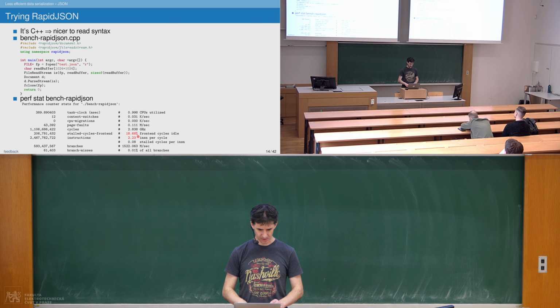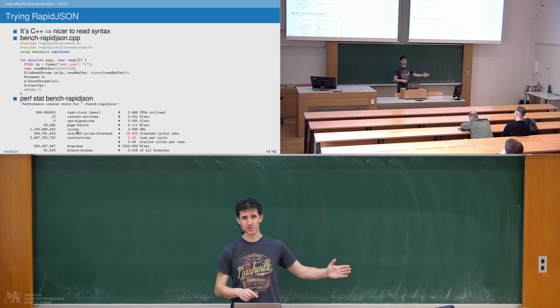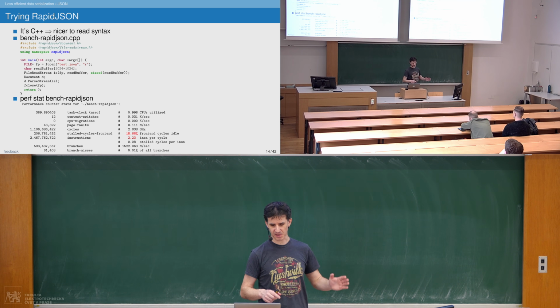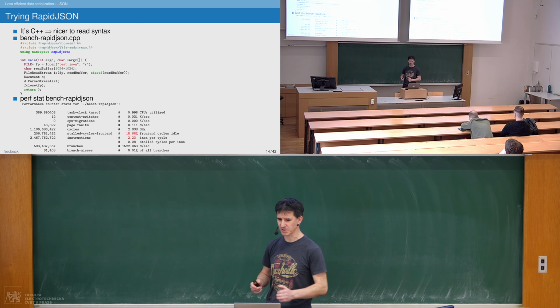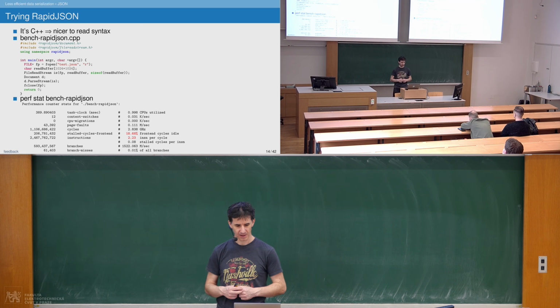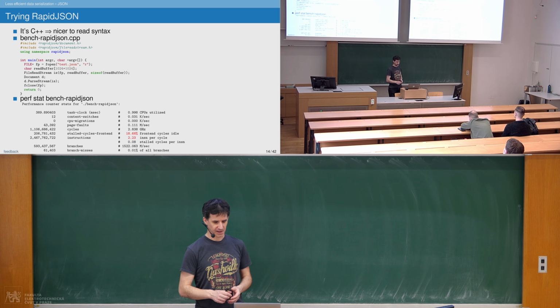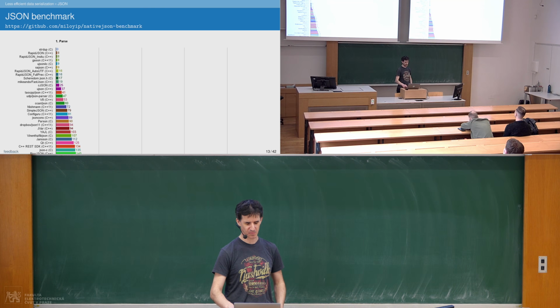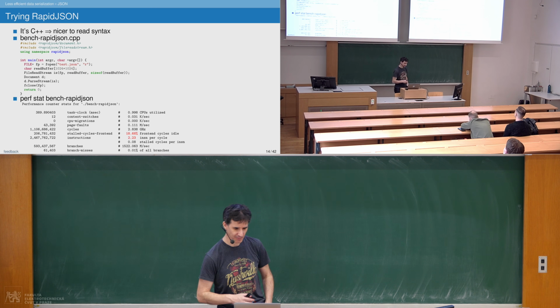If you remember, the total time with the C version was 3 seconds. Now we have 0.39, so it's almost 10 times faster, which is in line with this benchmark. So it's 10 times faster.